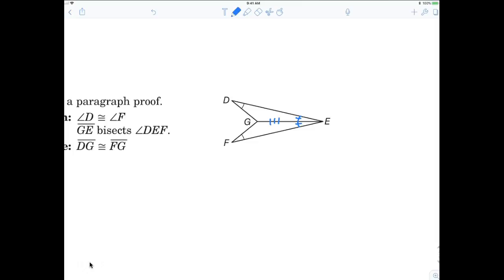I'm listening. Now, again, I'm just saying it's possible. I think personally it's harder to show that a side is congruent.